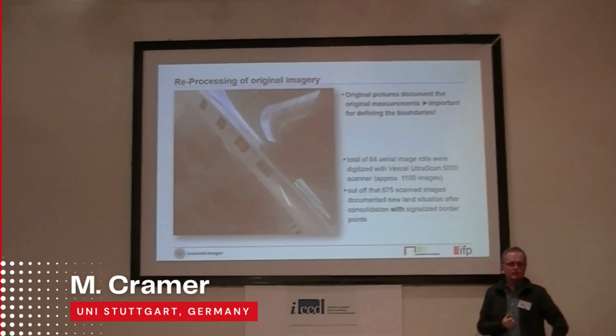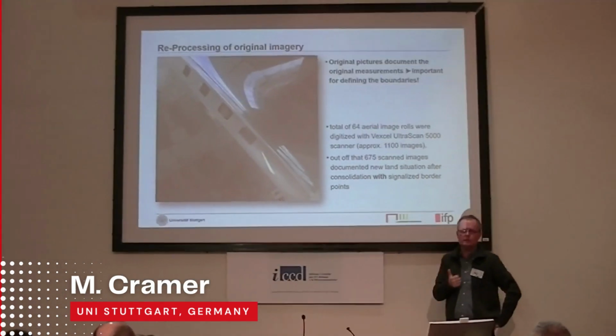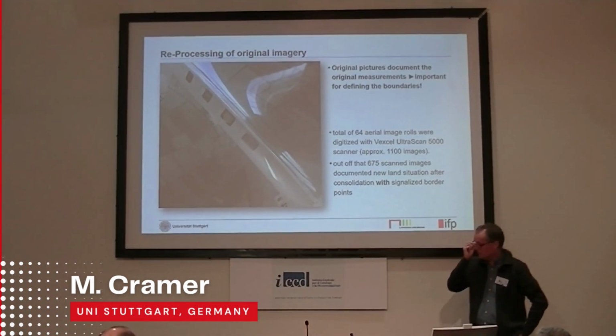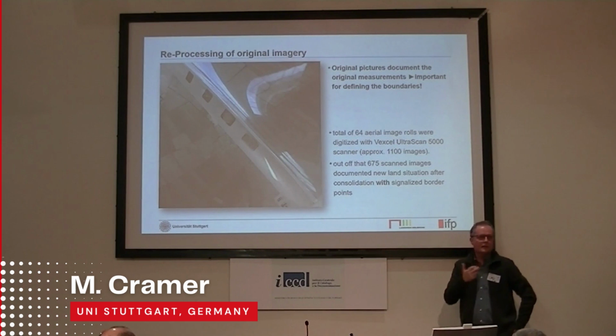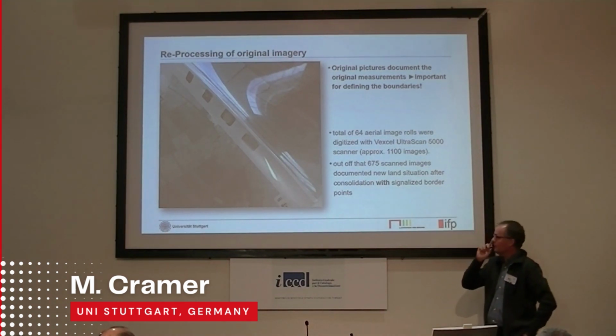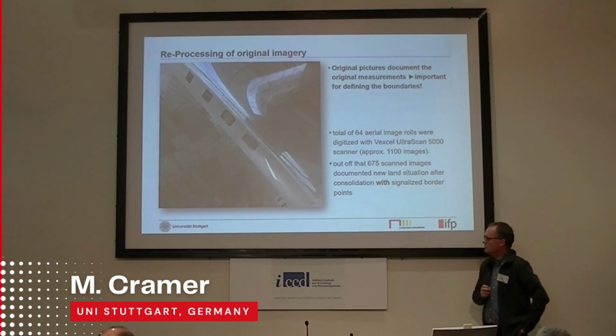So the first question was, okay, where are the old images? The people in Heilbronn had to identify where those old images are, and they finally found them in our national mapping in Stuttgart.